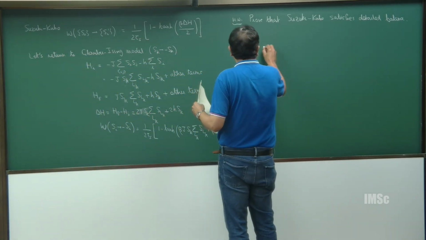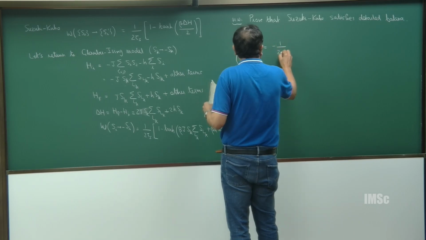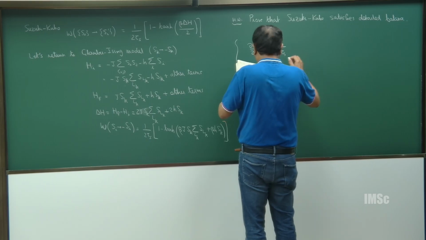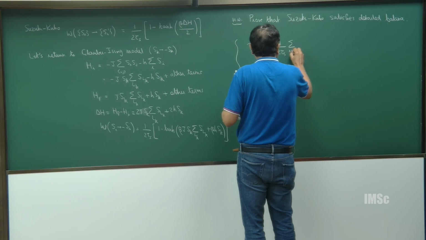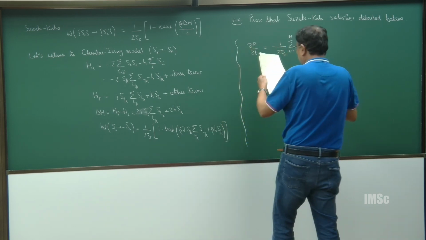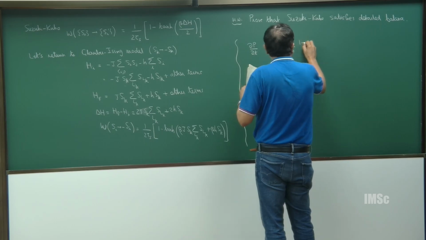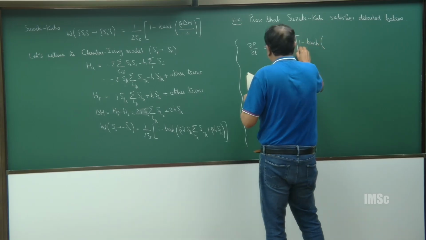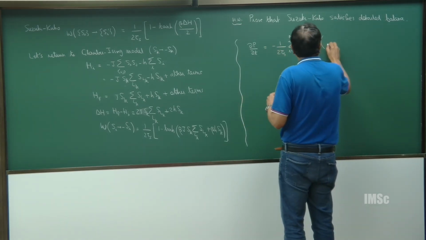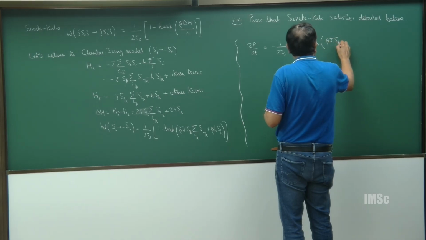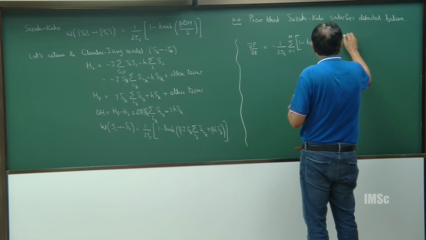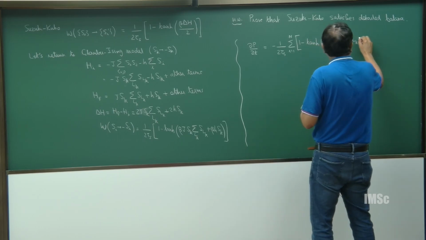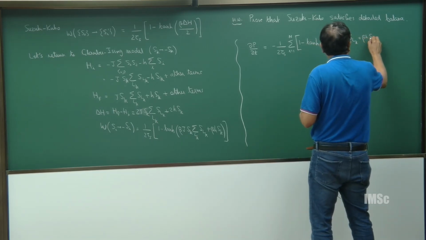Del P by del t is equal to minus 1 over 2 tau s, sum i ranging from 1 to n, of 1 minus tanh of this expression, which is beta J S_k sum over L_k S_L_k plus beta h S_k.